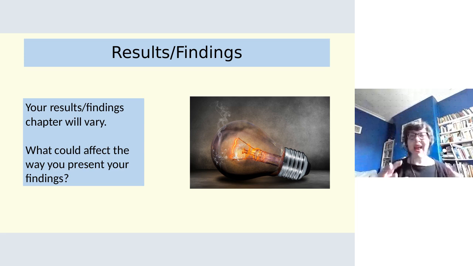So it's unlikely you're going to have a lot of graphs or tables in there. You're more likely to have quotations. Now, you might still want to have maybe a table of how many times a particular word cropped up. That's quite possible. But you're not going to have the same amount of graphs and tables and calculations that somebody using quantitative data, data very much based on statistics, on numbers, is going to have. So that is going to be the main difference.